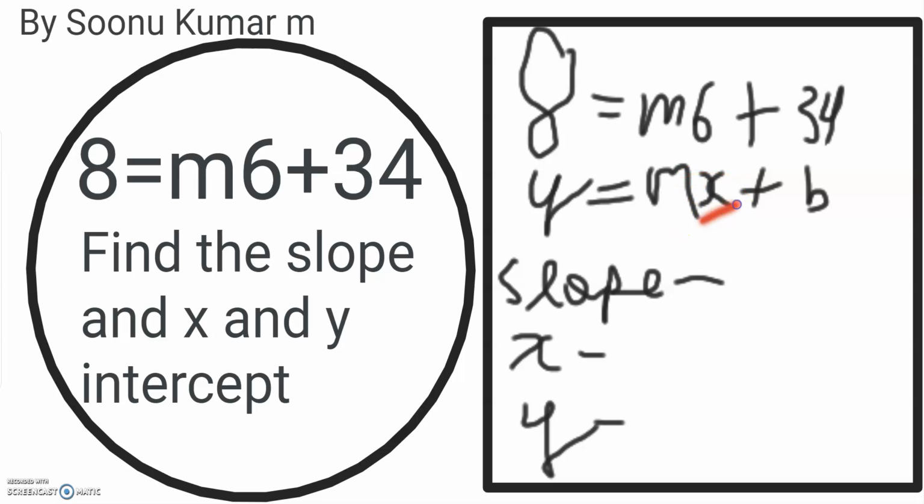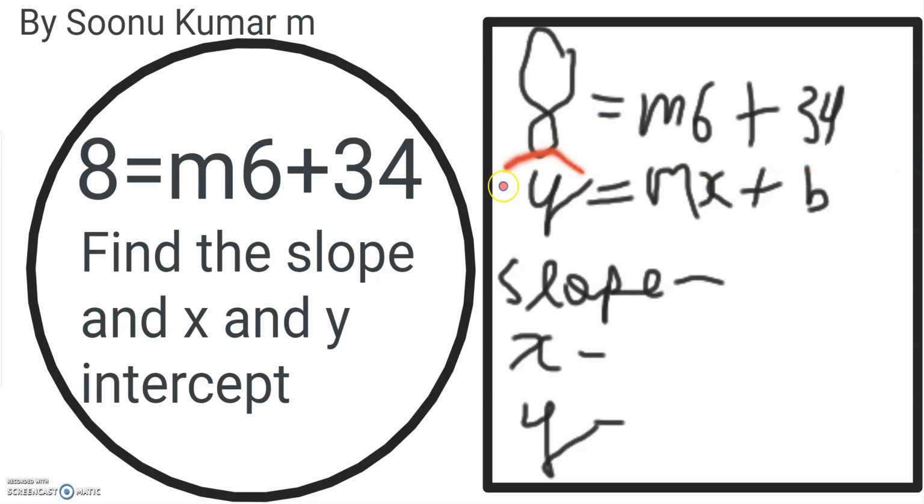So in this, can we tell that 6 is x? Can we justify that? That is simple. But what is b? Is b a variable or a constant? In this equation, b is a variable and b is the y-intercept.